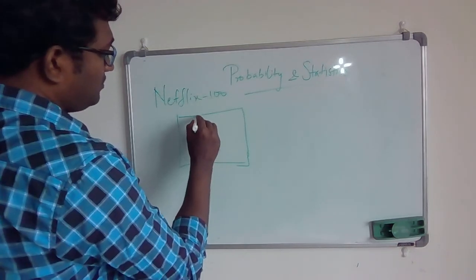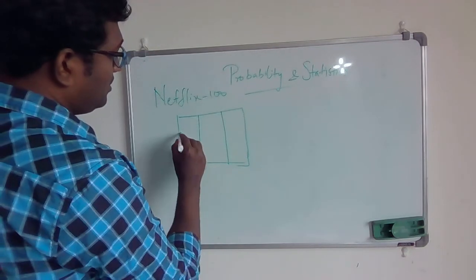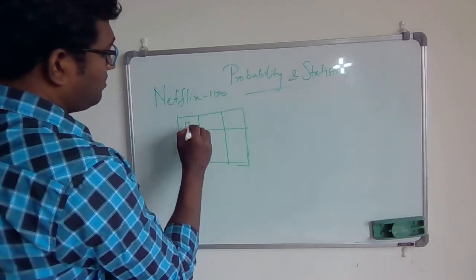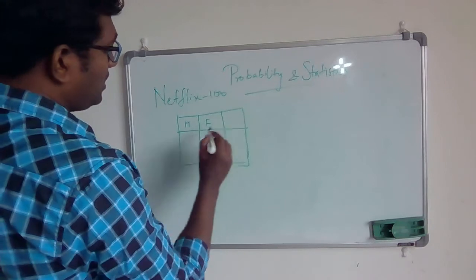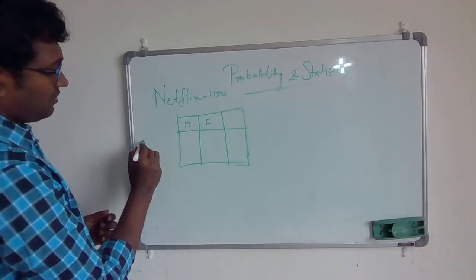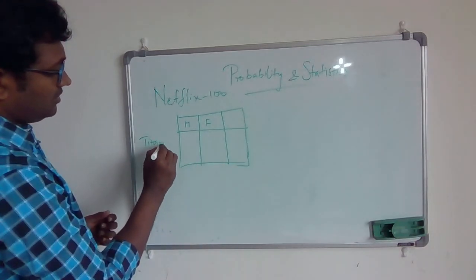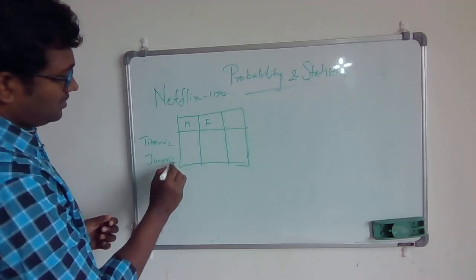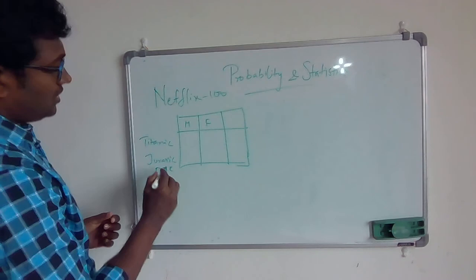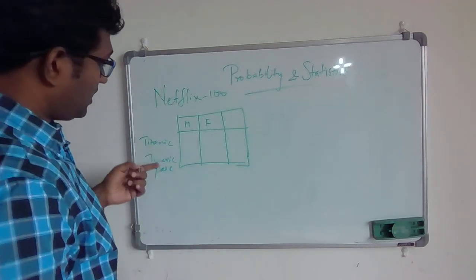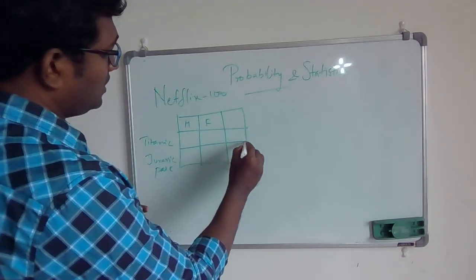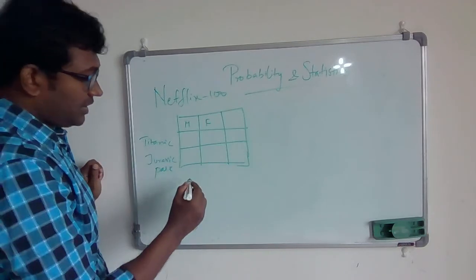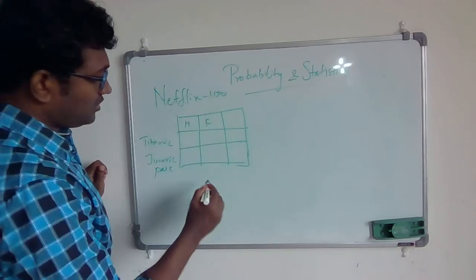They have two movies: one is called Titanic, another one is called Jurassic Park, and they have 100 subscribers in total.